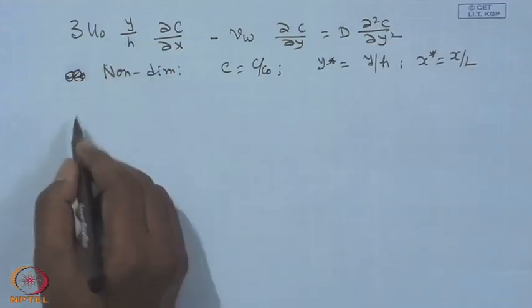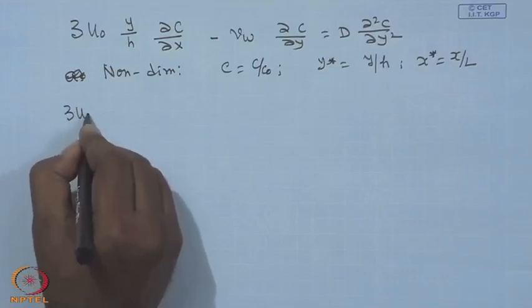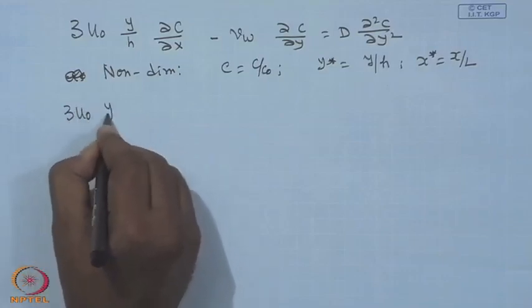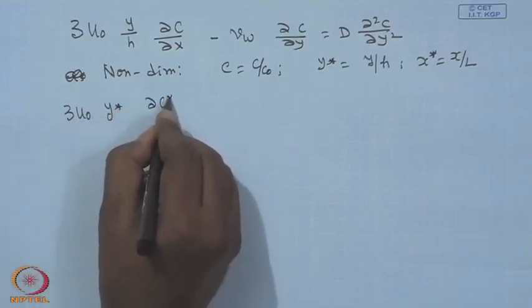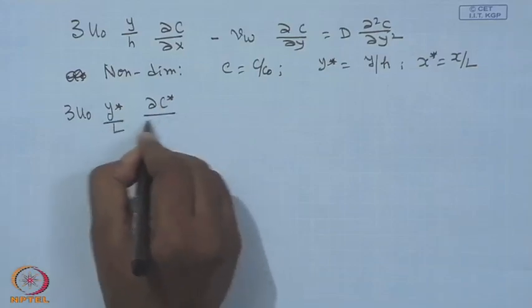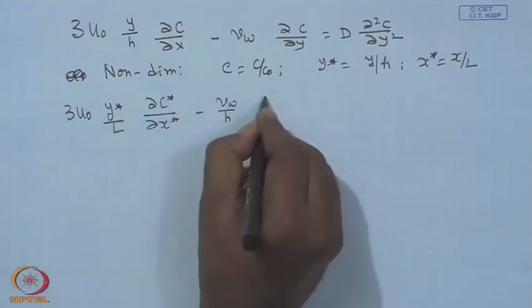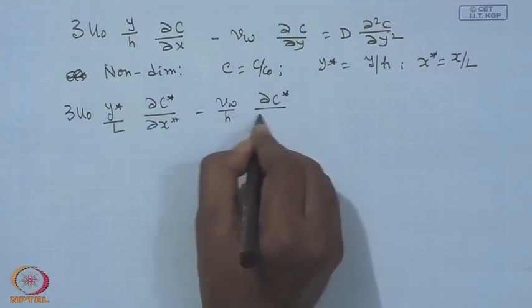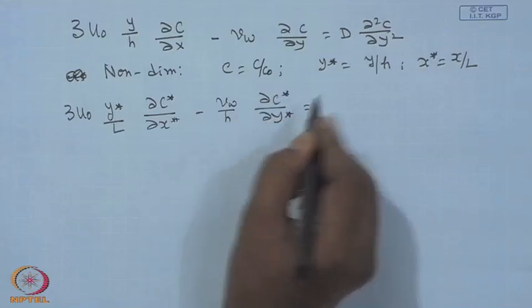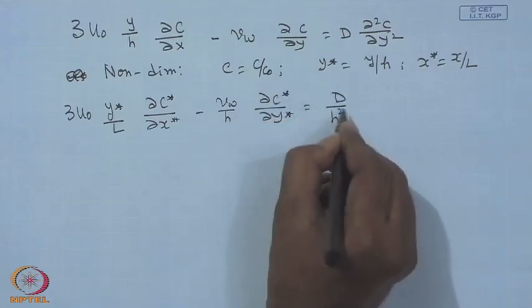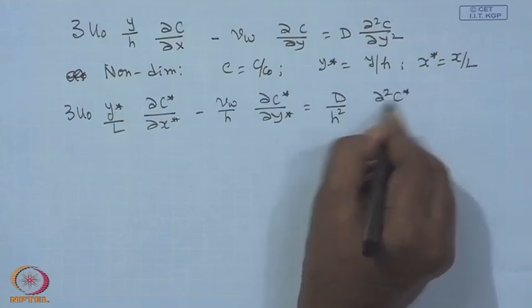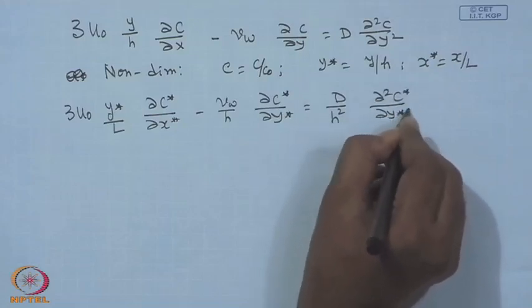If you put everything in the non-dimensional form, y by h will be y star, and this will be del c star del x star minus V w over h del c star del y star is equal to D over h square del square c star del y star square.